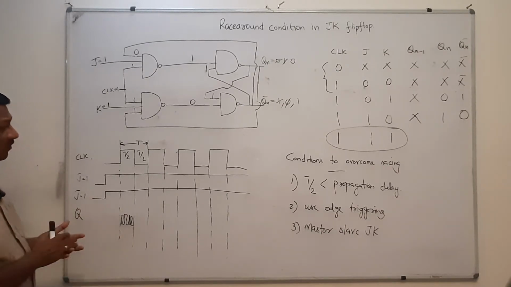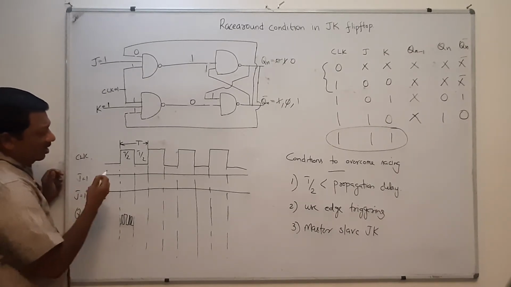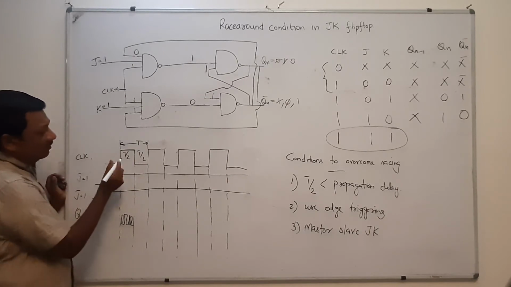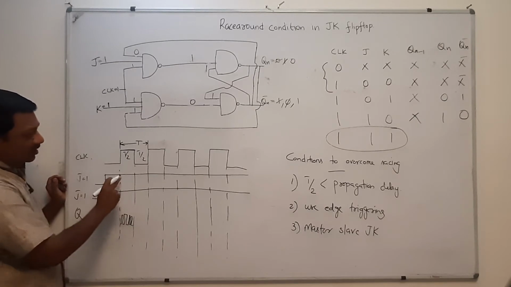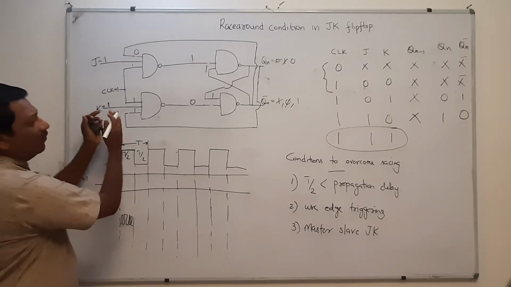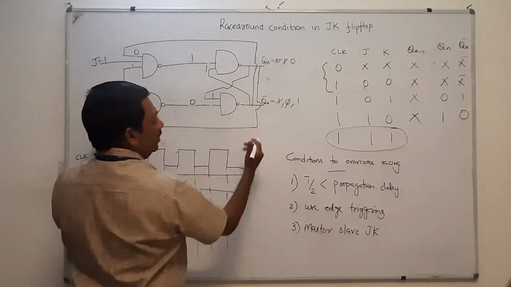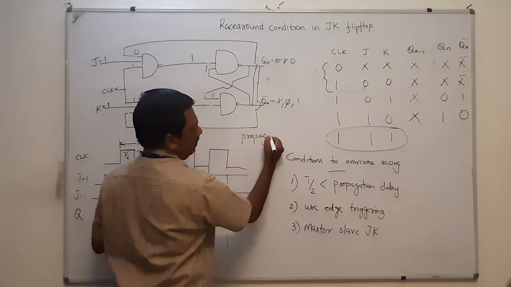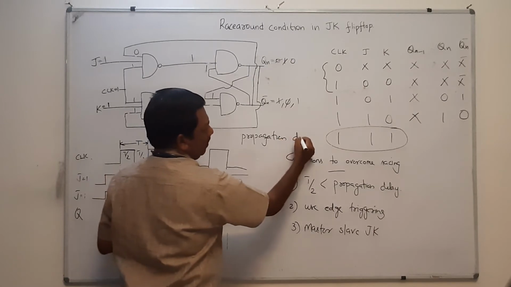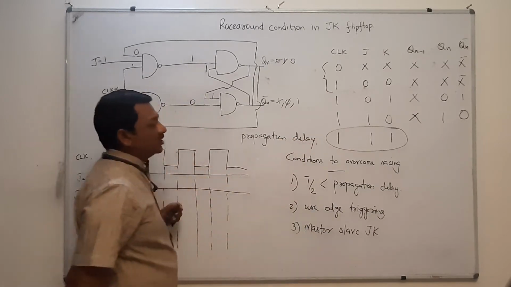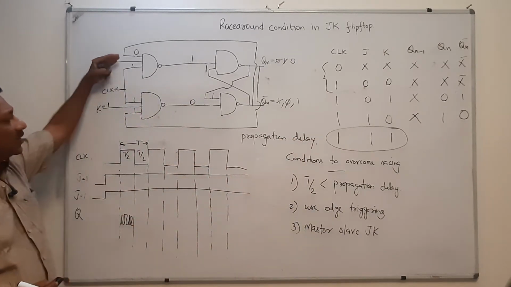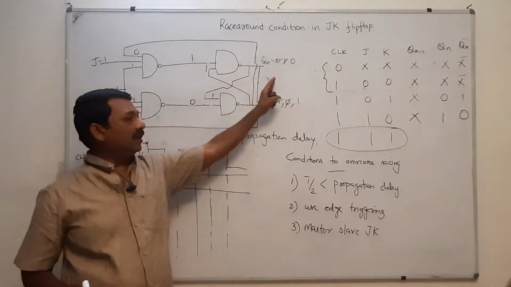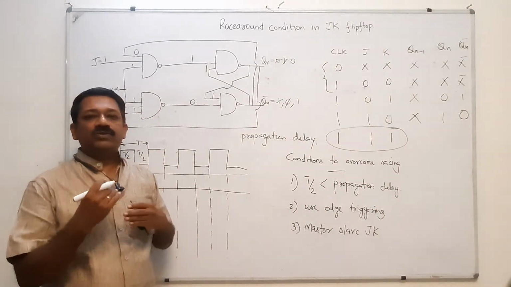Suppose that this positive edge is having a time period of T by 2, and for a change to happen, there is a propagation delay. That means if something happened here, then for it to reflect here, it will take some time to stabilize.